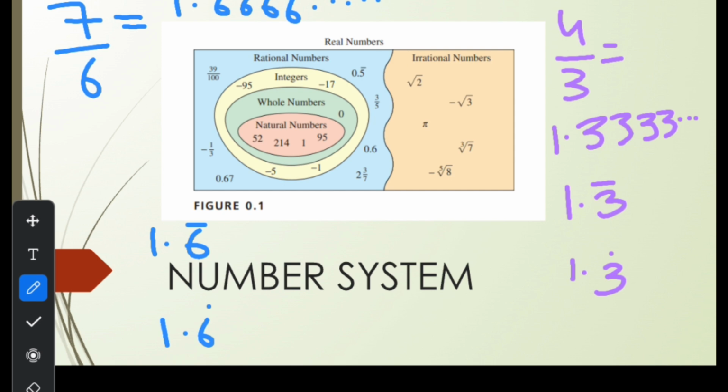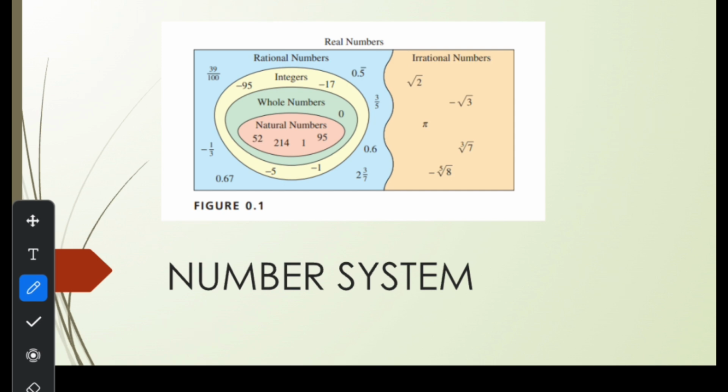These were all the classifications of rational numbers. Now, if we come to irrational numbers, at the right side of the screen, you can see all the numbers which cannot be expressed as a fraction of two integers, as we express rational numbers.